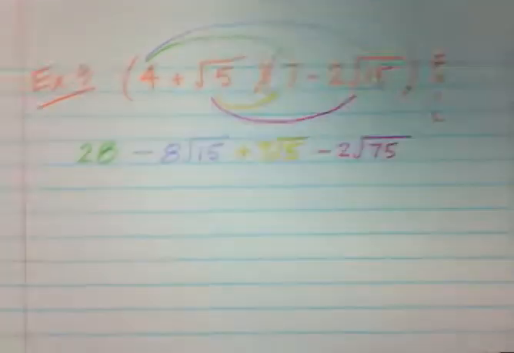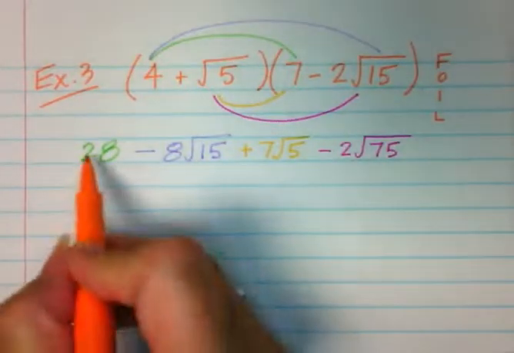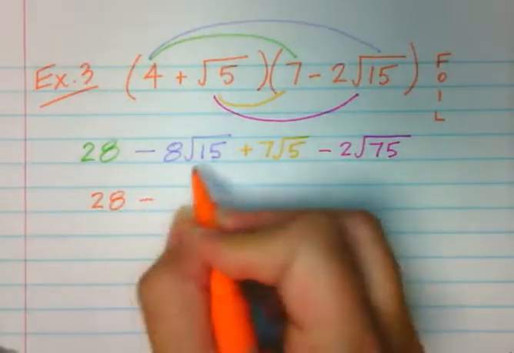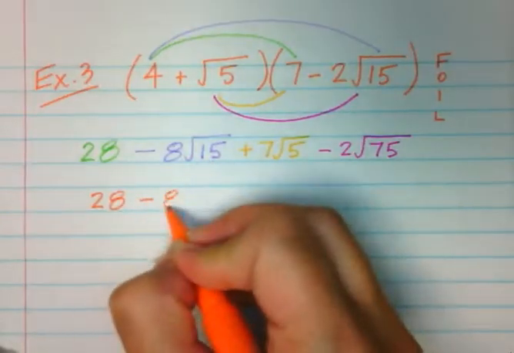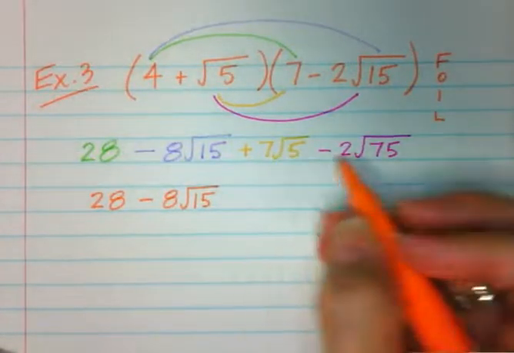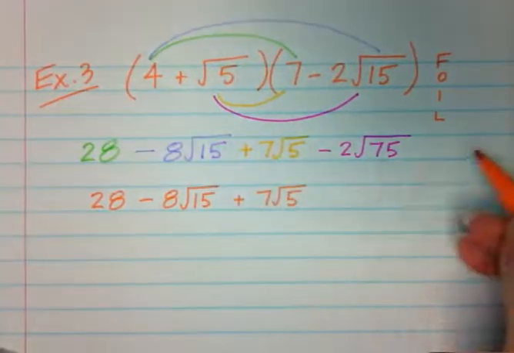Okay, so now we need to see if there's any simplifying that we can do, and then if we can combine any like terms together. So right here we have 28. This cannot be simplified, so that's 8 square root of 15. This one cannot be simplified, so that's 7 square root of 5.